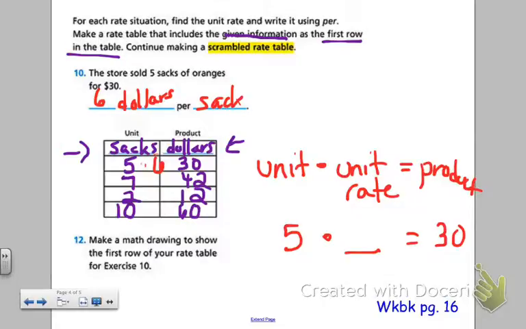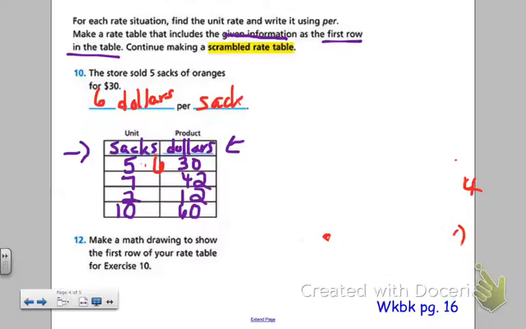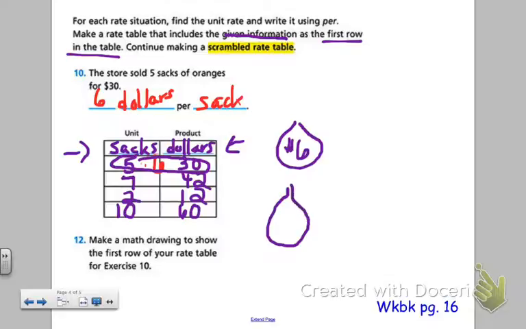And if you look down at number 12, it says to make a math drawing to show the very first row of the rate table in exercise 10. So my very first row, if you remember, was 5 and 30. 5 sacks for $30. So if I want to make a math drawing to go along with it, maybe I'll make 5 sacks. So here's 1 sack, and that costs $6. And then here's another sack of oranges that costs $6.